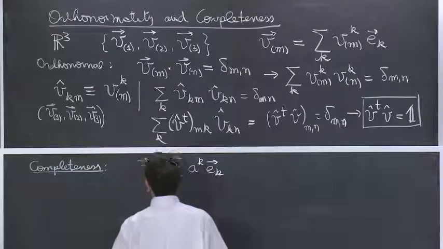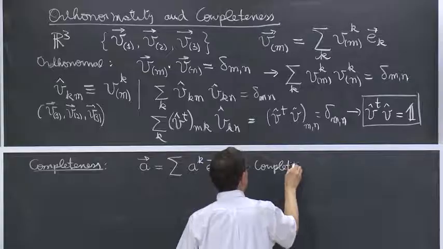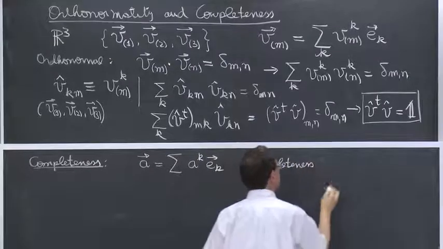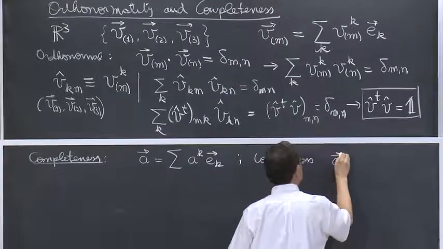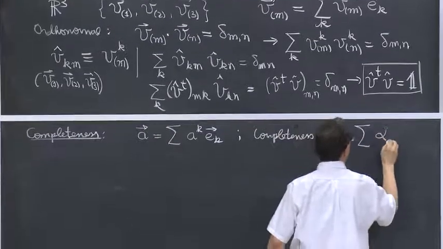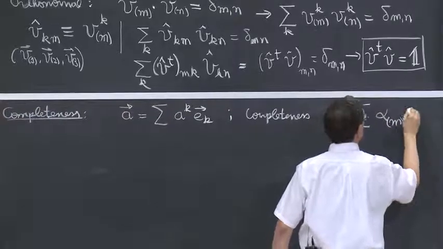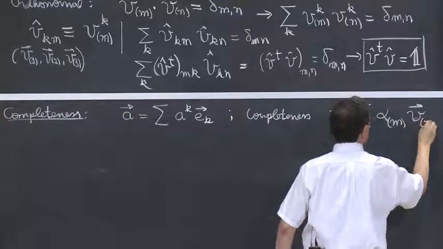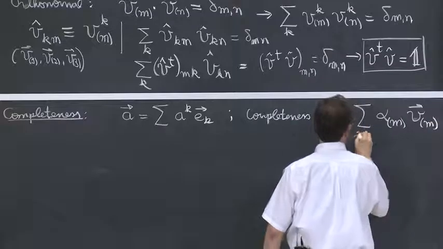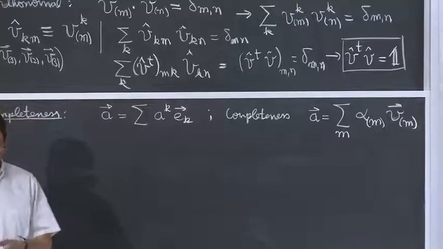The statement of completeness is that there exist coefficients alpha, say m, such that this vector can be written as a superposition of the basis vectors we're working with.